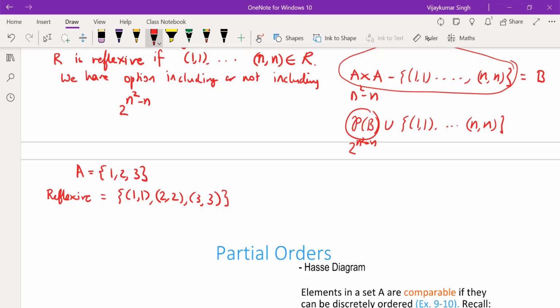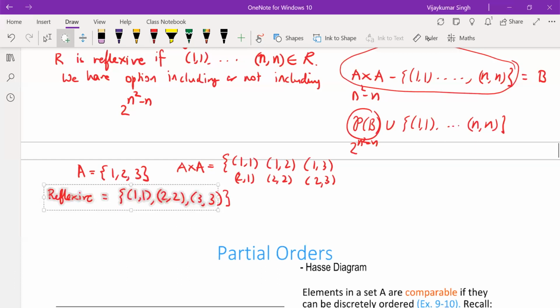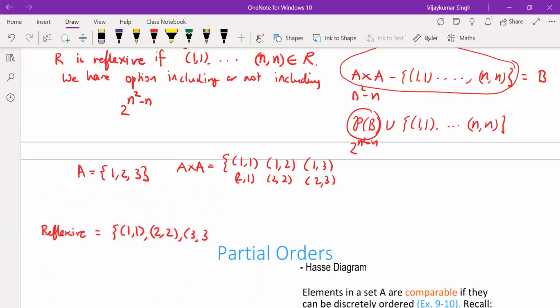Now, let me write down what A cross A is first of all: (1,1), (1,2), (1,3), (2,1), (2,2), (2,3), (3,1), (3,2), (3,3). Do you agree?